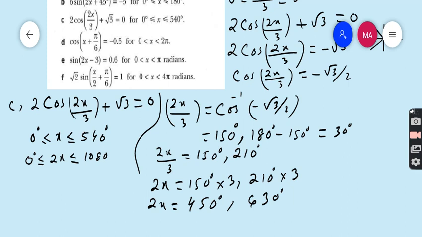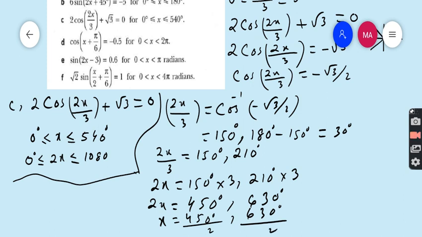And now this is not our final answer. We must divide both angles by 2. Hence our final answer is 450 upon 2 is 225 and 630 upon 2 is 315.